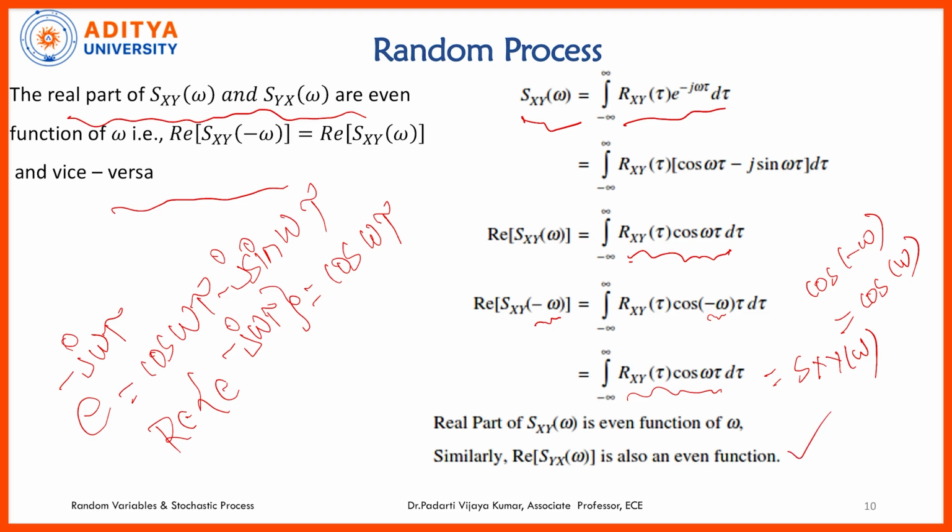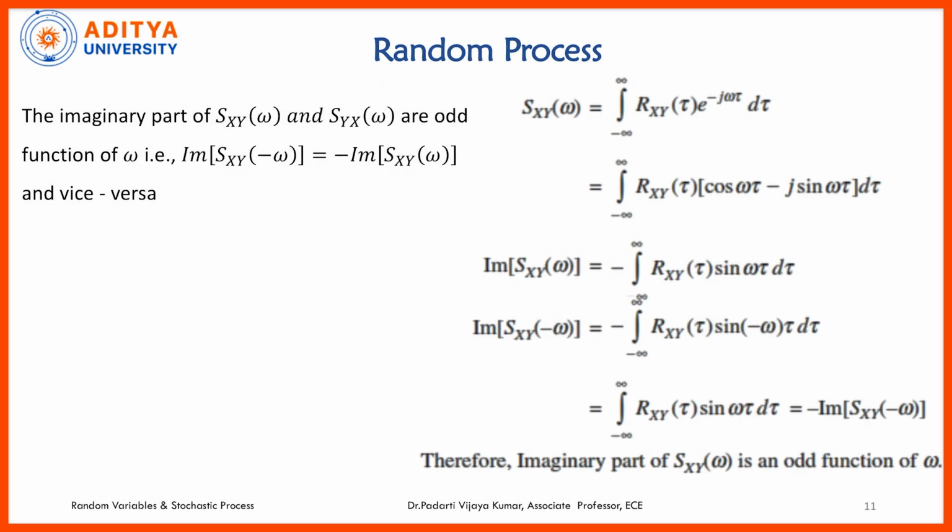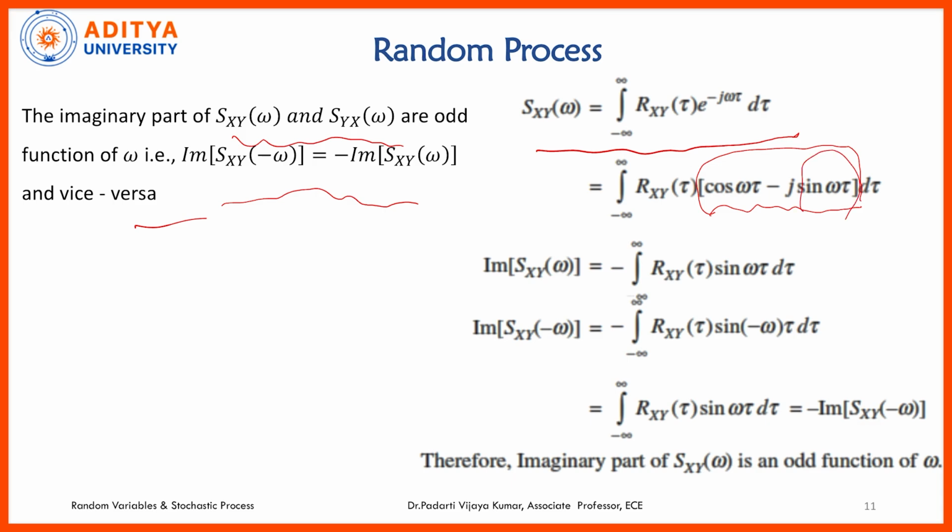We can prove the same manner for the other one also. Next, the imaginary part of Syx of omega is an odd function and vice versa. First, we write the mathematical definition of Sxy of omega. e power minus j omega tau can be written using Euler's relation as cos omega tau minus j sin omega tau. So, the imaginary part is sin omega tau. Now I am keeping minus omega.